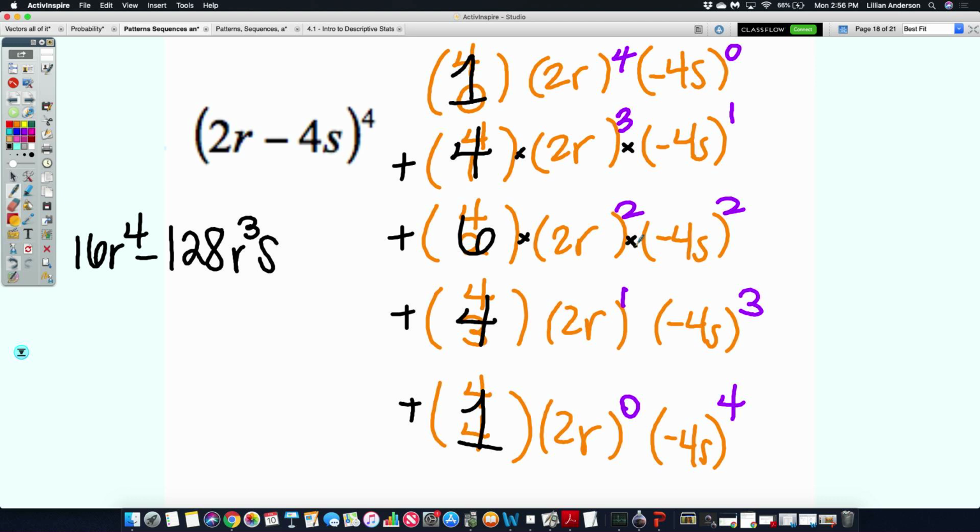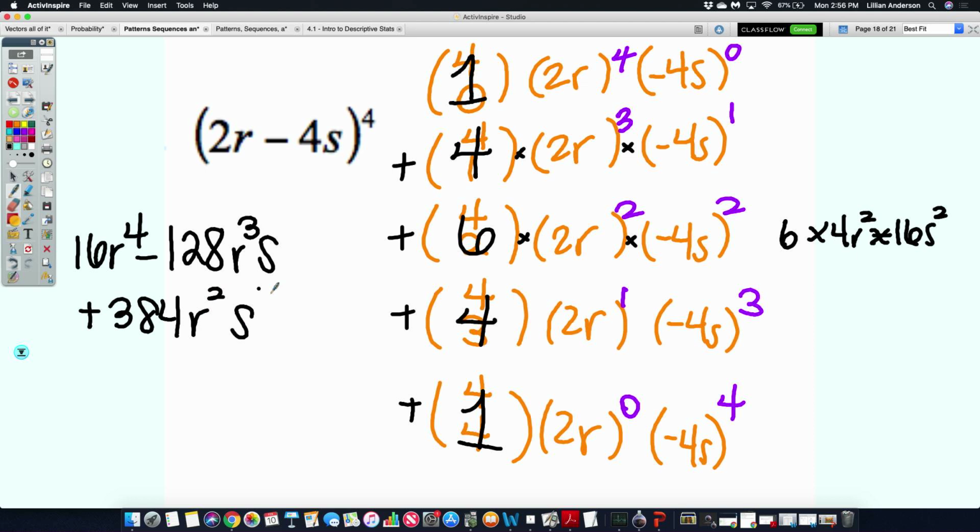So this becomes 6 times 4r squared times 16s squared. Can someone in their calculator real quick do 6 times 4 times 16? So that'd be plus 384 r squared s squared. You see how the r exponents are decreasing, but your s exponents are increasing?